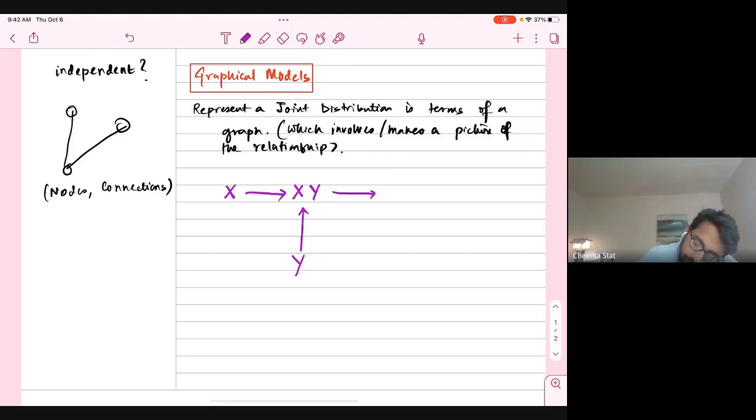And then XYZ is dependent on XY, and XY is also dependent on Z. So XYZ is dependent on X, but via XY.